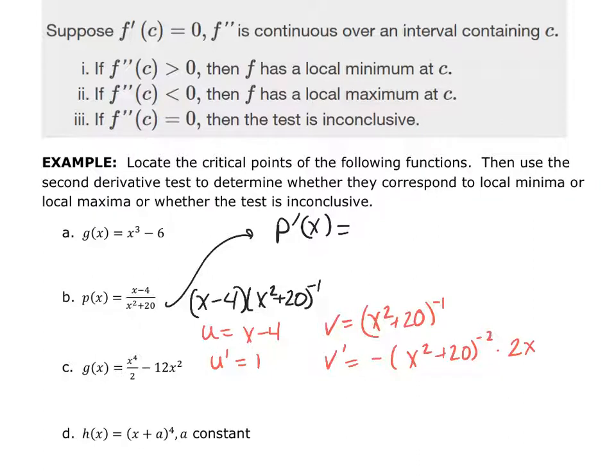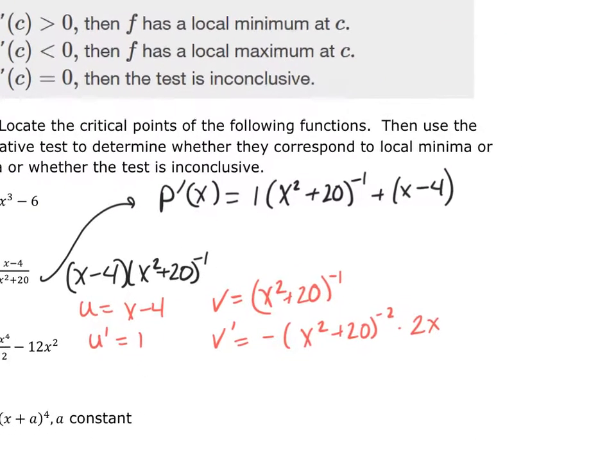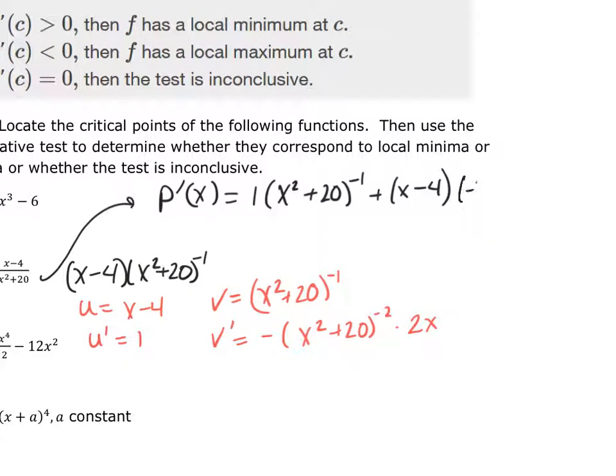So p prime is going to be 1 multiplied by x squared plus 20 raised to the negative 1, plus x minus 4 multiplied by negative 2x times x squared plus 20 raised to the negative 2. So there it is, the product rule and chain rule.